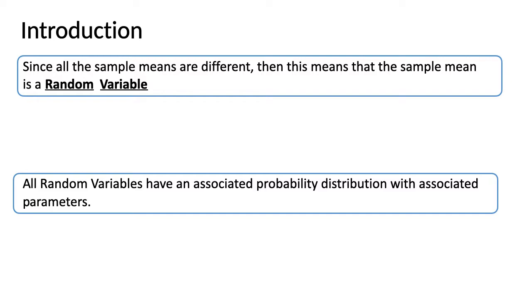Now, we've already talked in the past about two probability distributions, the binomial distribution and the normal distribution. Let's recall that the binomial distribution is fully characterized if you know n, the number of trials, and p, the probability of a success.